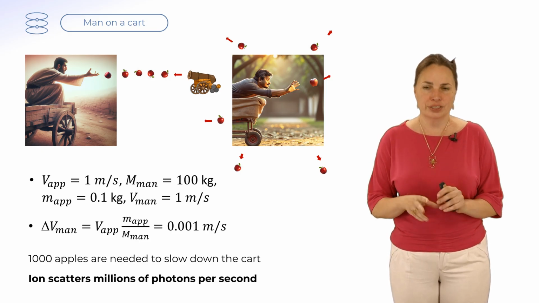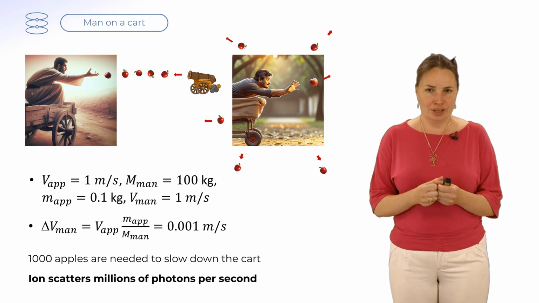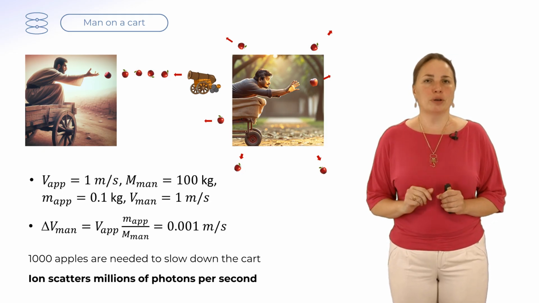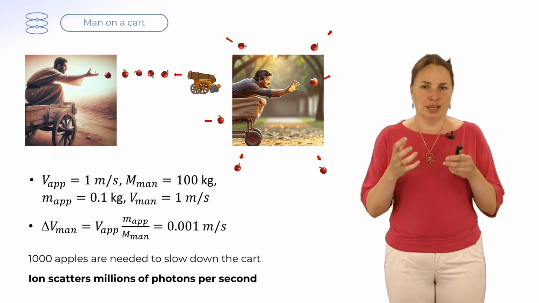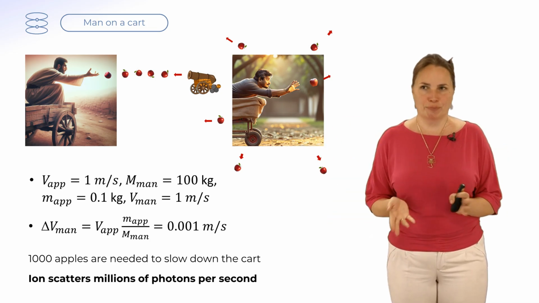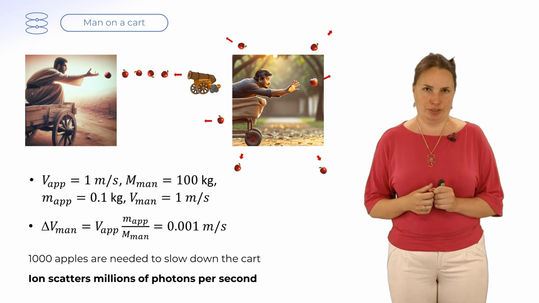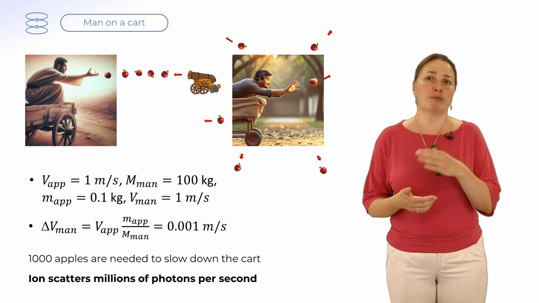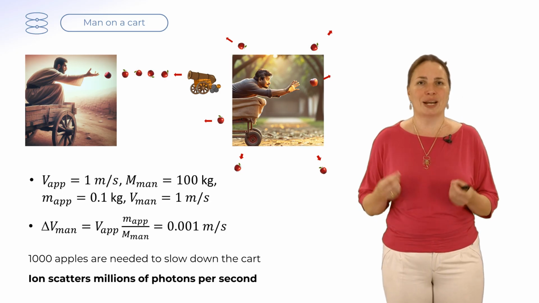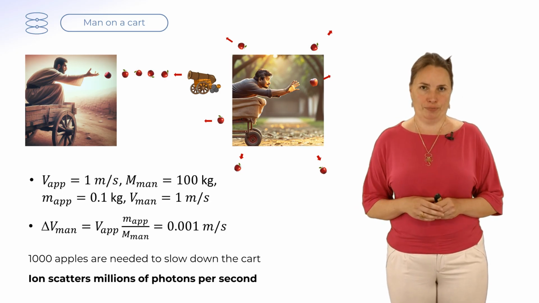So to stop the cart, the man has to catch at least 1,000 apples. And again, it is very important that when the man has this apple, he throws it away in some random direction. Then after averaging over all directions, the change in the momentum by these acts will be 0.